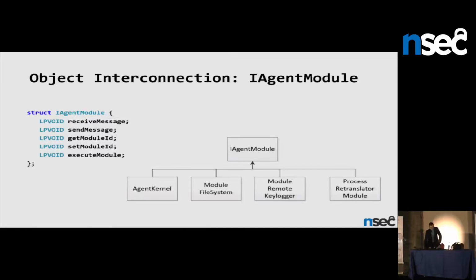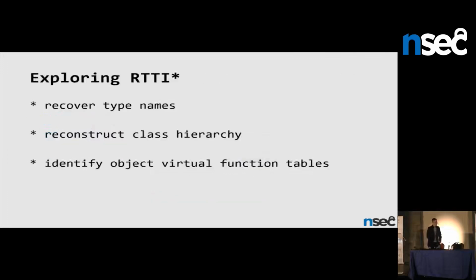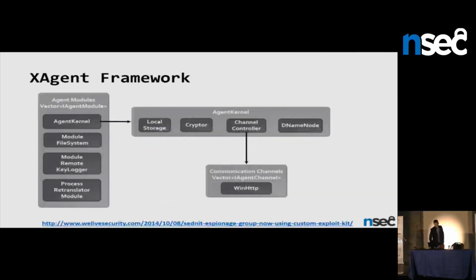And there are routines, get module ID and set module ID. Each module has its personal identifier, and the final method is execute module, which actually runs its functionality. Okay, how did we get all these names here on this slide?